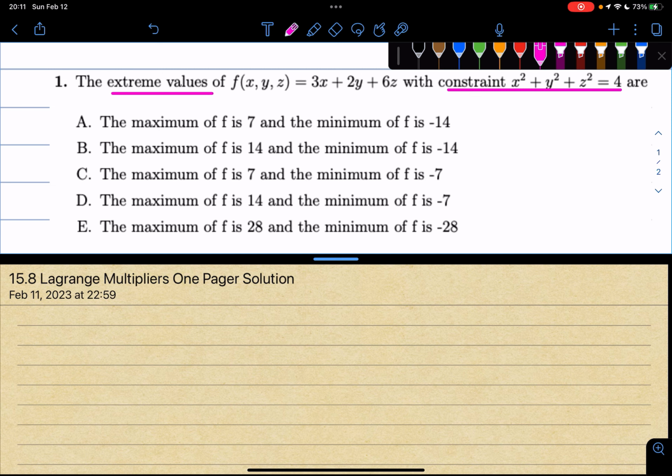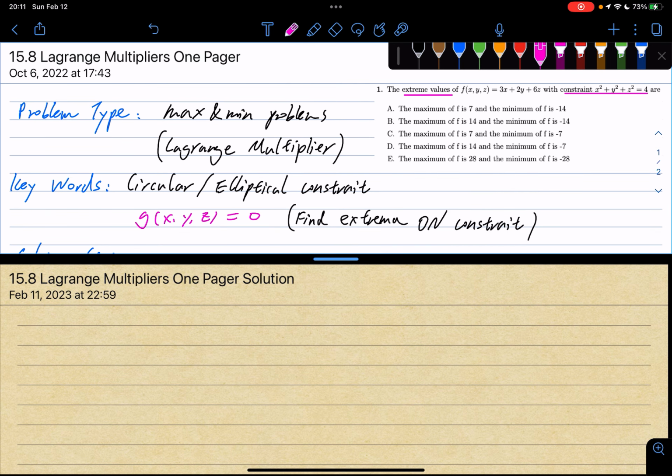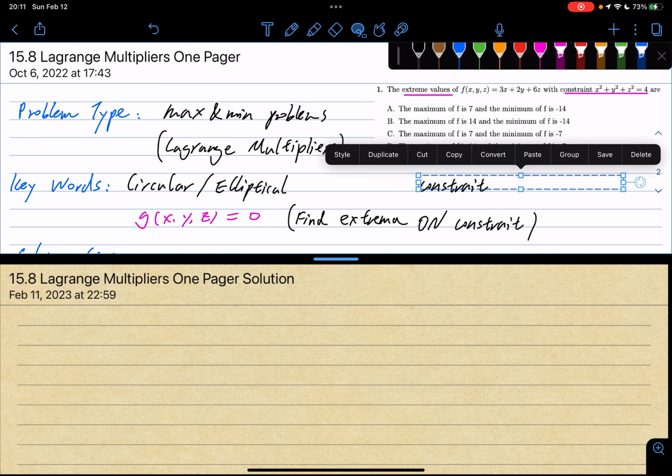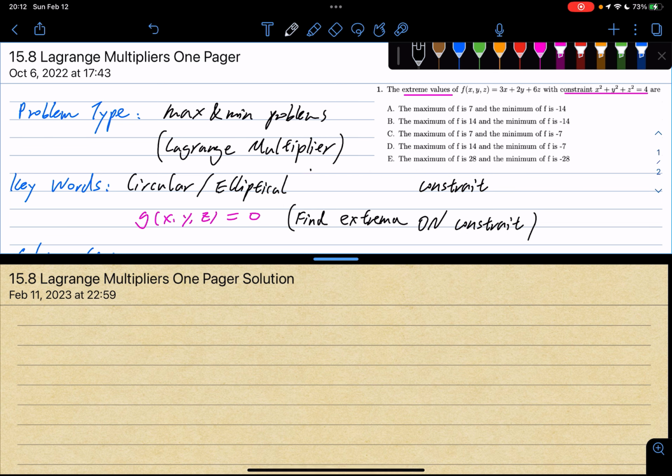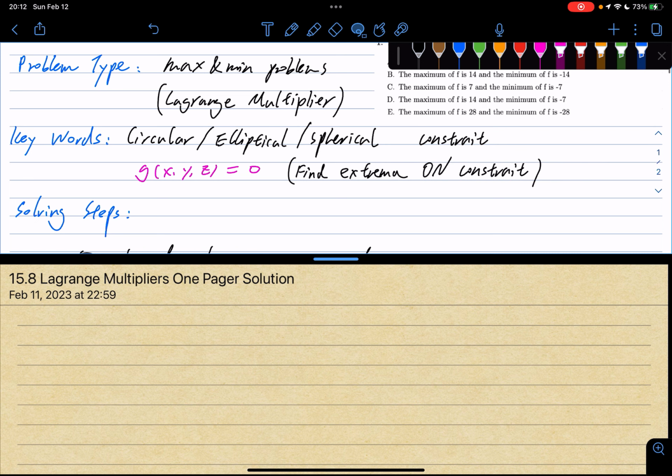So this is telling us this is probably a Lagrange multiplier problem. So we have circular constraints or elliptical constraints, or I'll add another word, spherical as well. Right? And it's asking us to find extrema on the constraint.